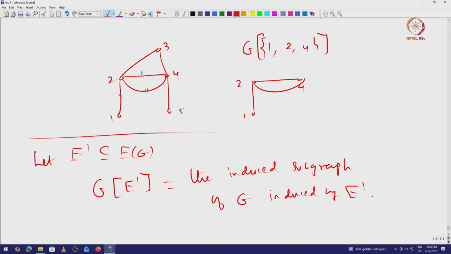So, what is this? This is the subgraph of G whose vertex set is the set of endpoints of edges in E dash.